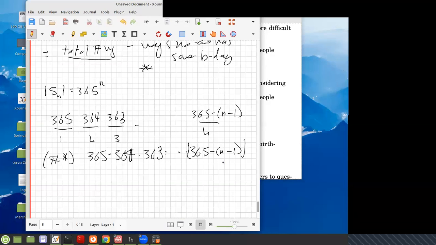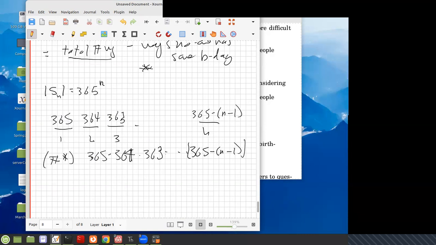Now, this was something we did before. It's the number of ways of choosing sequences, because we have a sequence of people, and we have n slots, and we have 365 objects, the possible birthdays, to put in each slot, and we're saying they can't be in the same slot, because otherwise two people would have the same birthday.